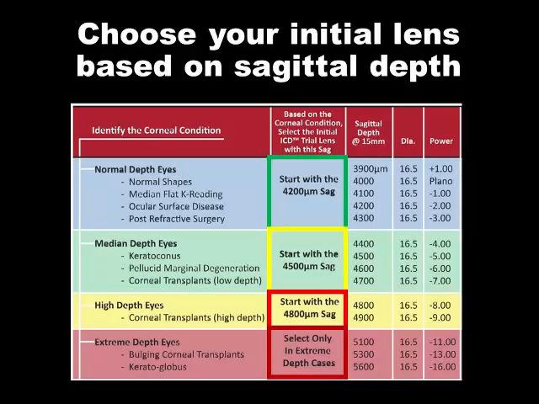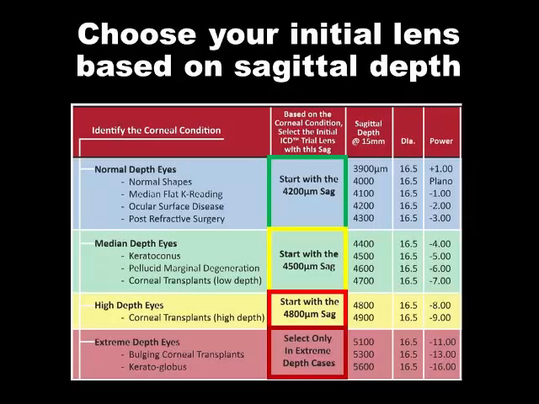Now, what if you had a bulging transplant or a patient with a higher depth, maybe a tilted graft? Then you'd go up to a 48. In very rare cases, and I haven't needed to do this very often, maybe only a half dozen over the last 4 years, but I might have needed to go to the high depth lenses. And these are the 1980 penetrating keratoplasties where the buttons often sat up very high and proud.